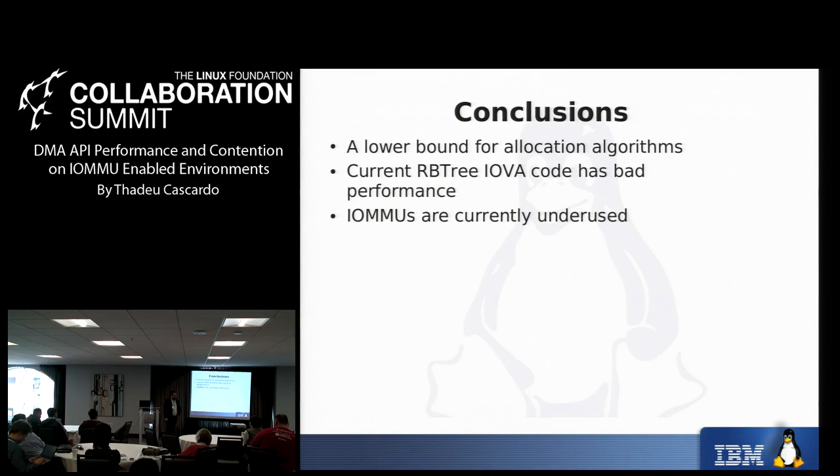And I didn't see too much IOMMU use outside of the Power platform and the other large server platforms. I see that some of the chips for ARM are using it, but I'm not sure they're really well exploited.